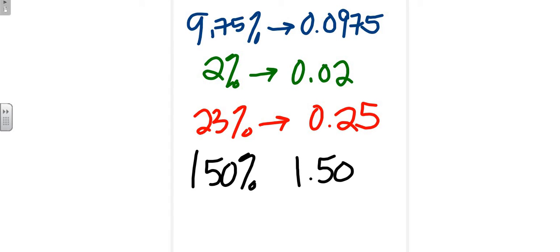Notice each and every time changing a percent to a decimal, you move the decimal over twice. 1, 2, put a 0. Here would be the decimal. Here, decimal moves twice. Again, 1.5. Hope this was helpful.